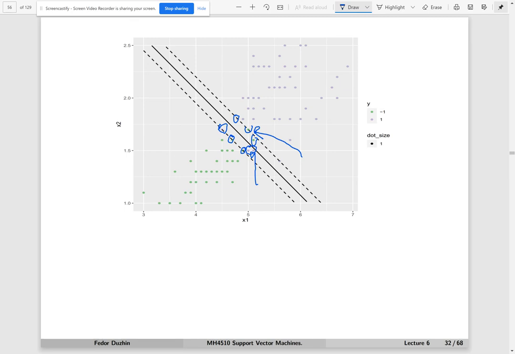It means that for these points, their epsilon i's are going to be bigger than 1. Some points are within the margins but on the correct side of the hyperplane. It means that for these points, epsilon is bigger than 0, but smaller than 1.